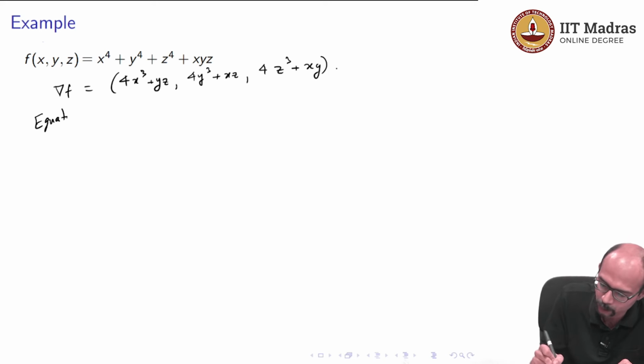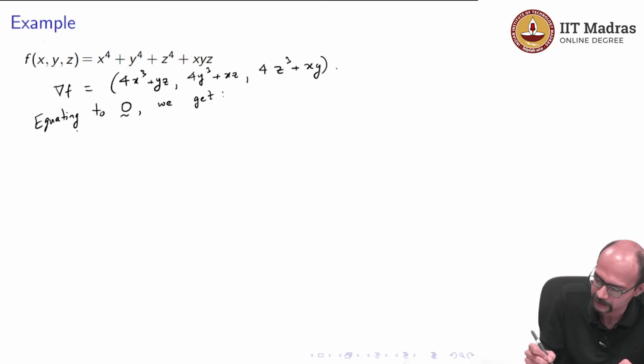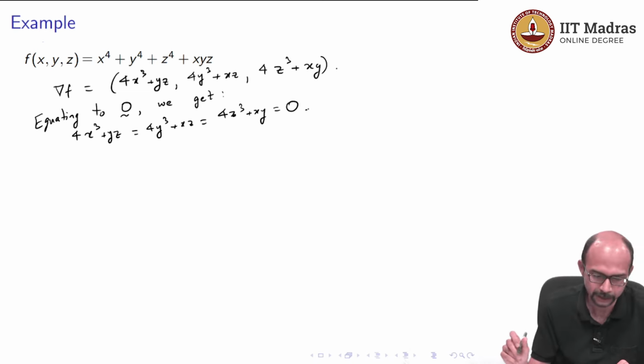So, equating to 0, we will have to really work this out. You have 3 equations: 4x cube plus yz is 0, 4y cube plus xz is 0, 4z cube plus xy is 0. Okay.